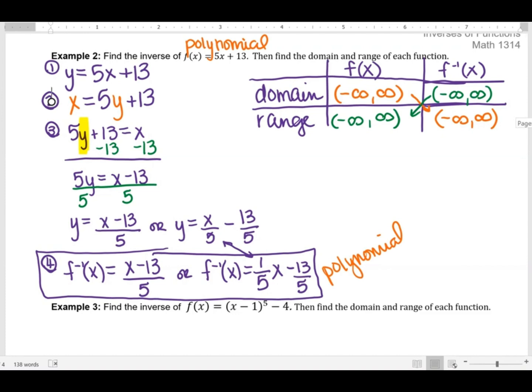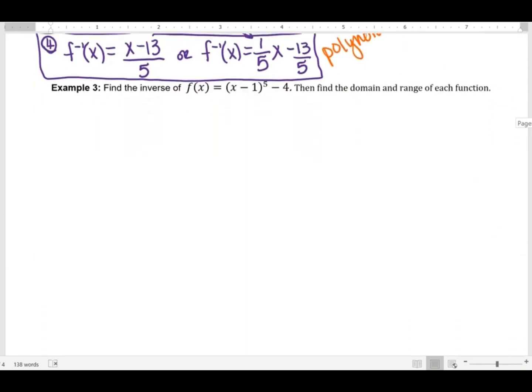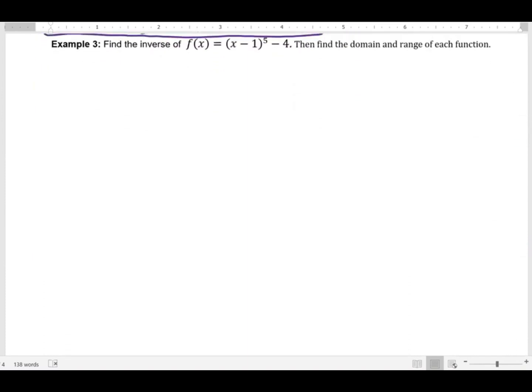Let's look at number 3. We have f of x is equal to (x minus 1) to the 5th power minus 4. All right, so we got this guy. First step, replace f of x with y.